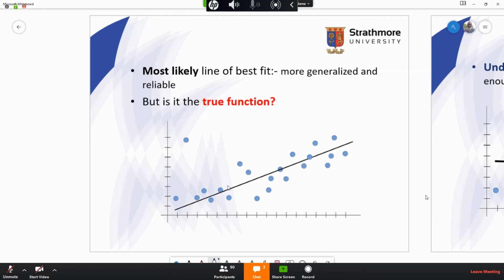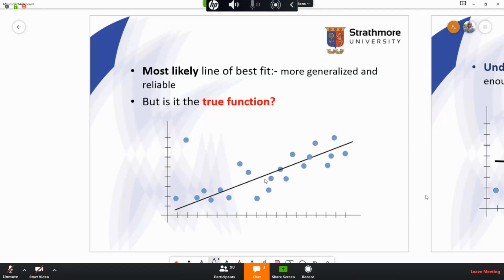In other words, the line of best fit is more generalized. It explains the data in a general sense. As I explained, the line of best fit is the best possible line that is closest to all the points combined.